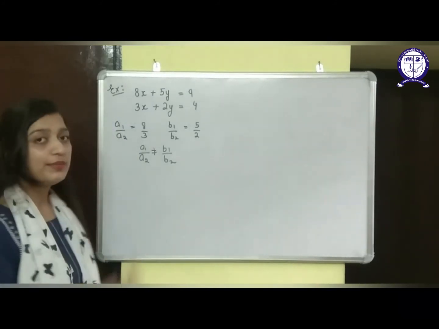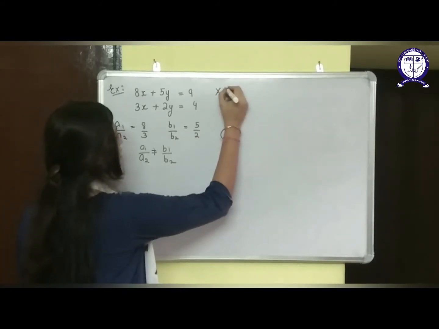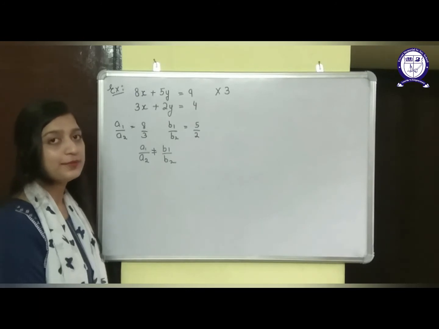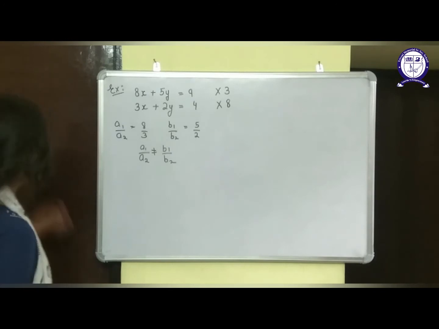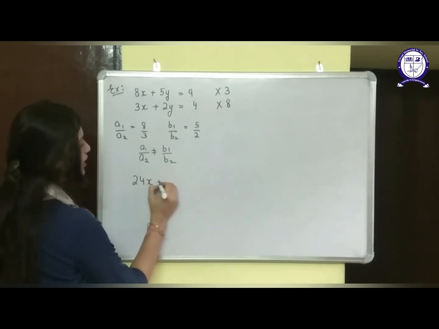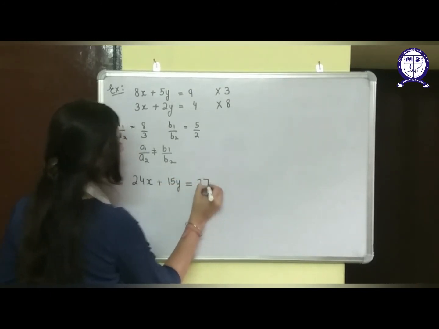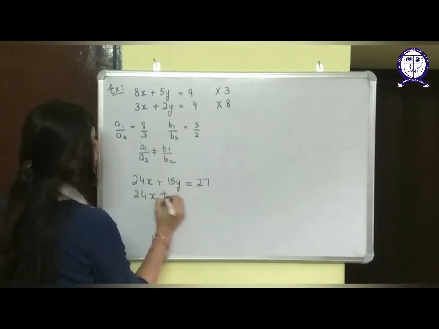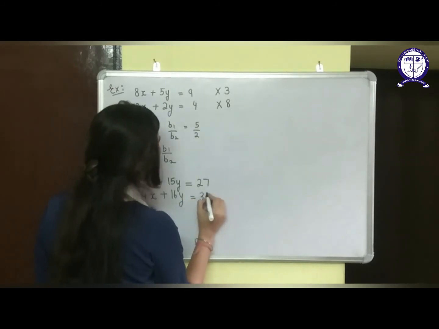How? 8 will be 24 if I multiply it by 3, and 3 will be 24 if I multiply it by 8. So my equations become 24x plus 15y equals 27, and the other one becomes 24x plus 16y equals 32.